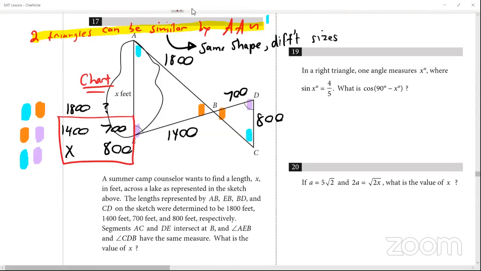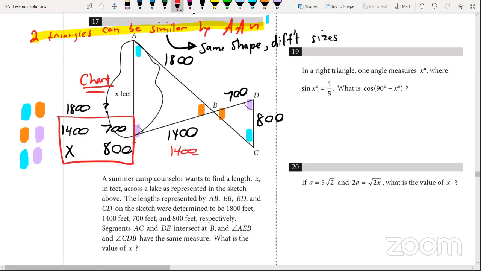So we're able to now say 1400 over X equals 700 over 800. And now we can cross multiply and solve. 1400 times 800 equals 700 times X. Maybe right at this stage, divide both sides by 100, and that'll remove 2 zeros.